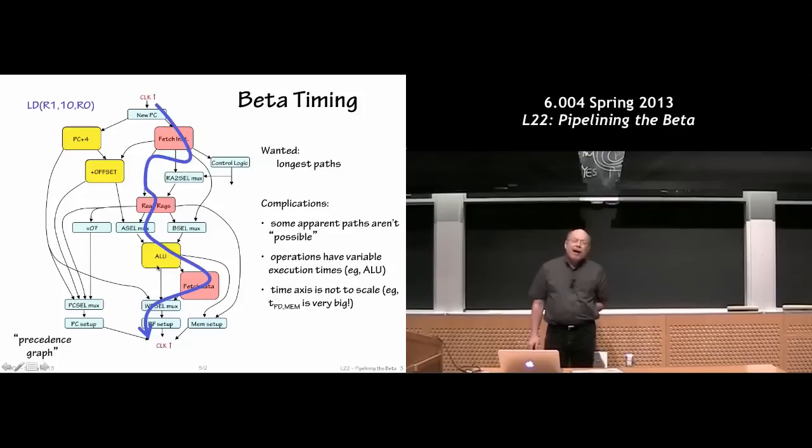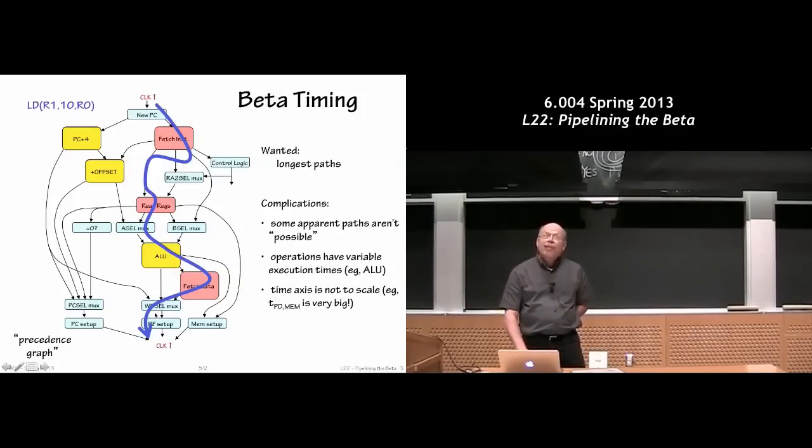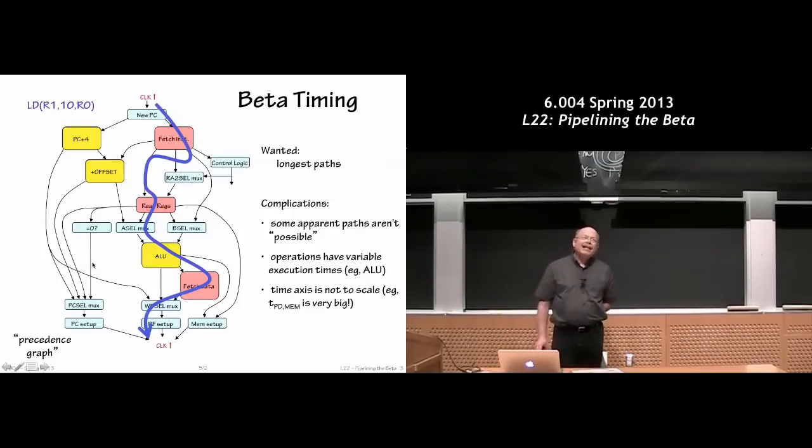So if we think about instructions that hit as much as possible, what's the longest way we can go through this diagram? Not all paths are possible, right? You could draw some paths through here that aren't actually taken by any of the existing instructions.